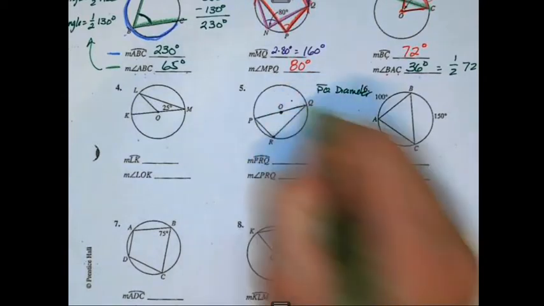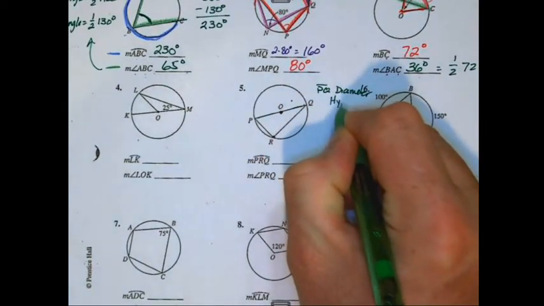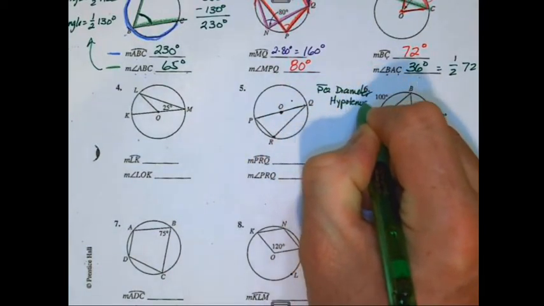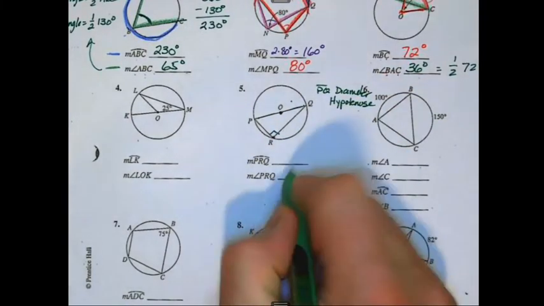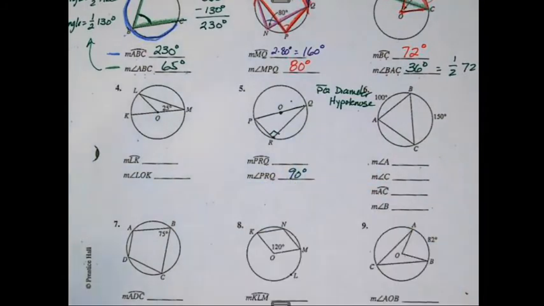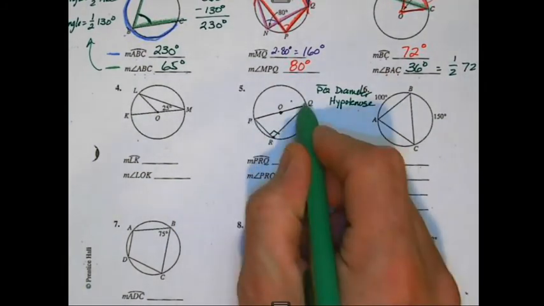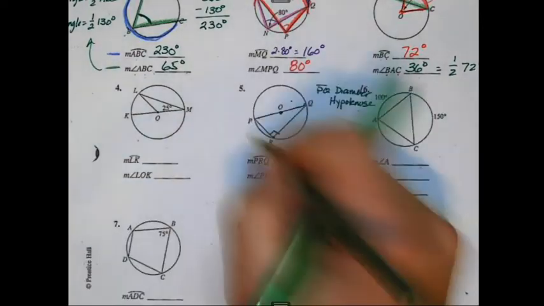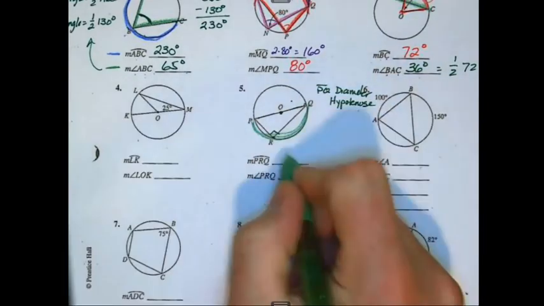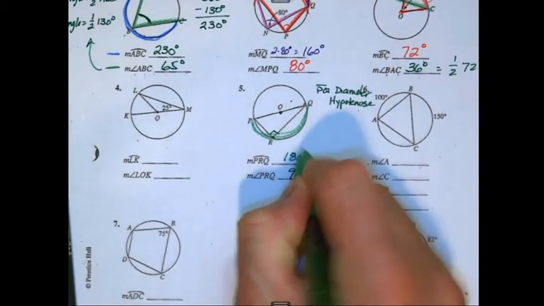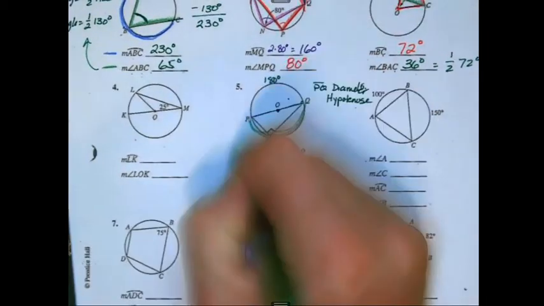So the hypotenuse, which is across from the 90-degree angle, angle PRQ is 90 degrees. And arc PRQ, what's this arc? Well, that's a semicircle. It's 180 degrees, because this would be 180, so the other one would be 180.